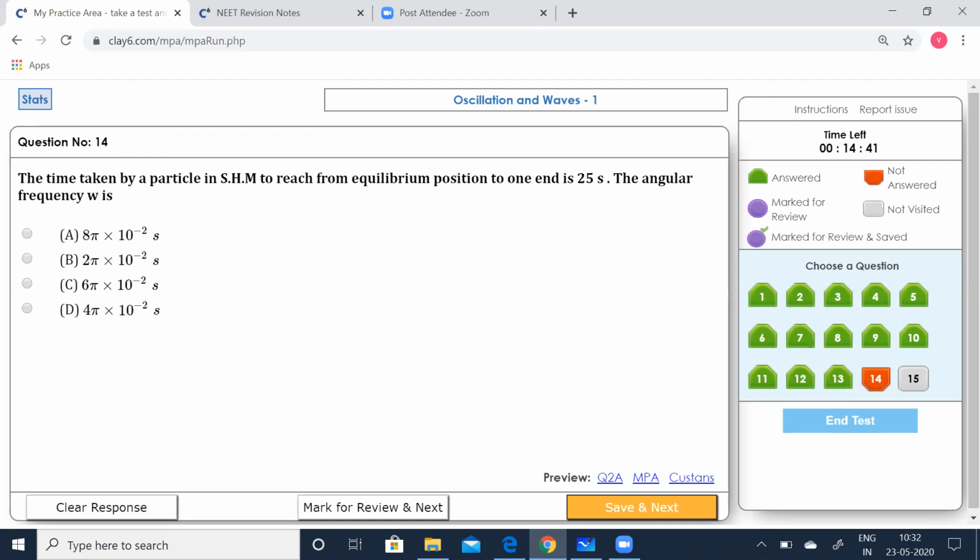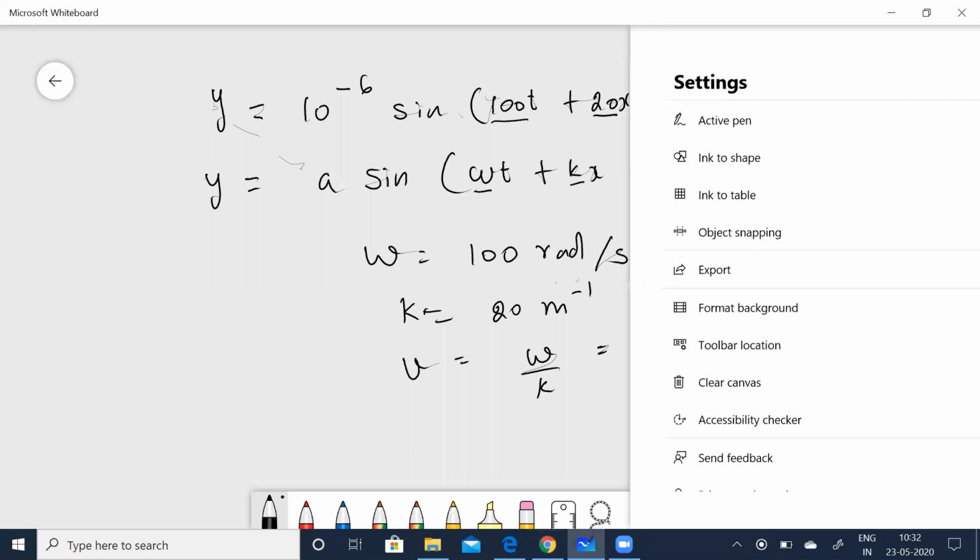The time taken by a particle in simple harmonic motion to reach from equilibrium position to one end is 25 seconds. The angular velocity omega is what? Let's quickly solve this.